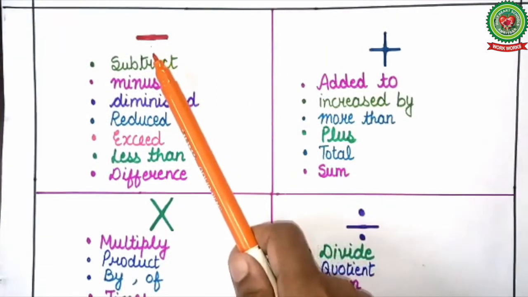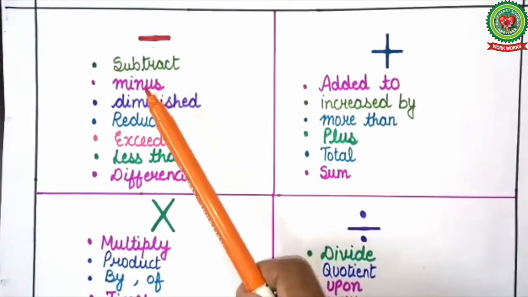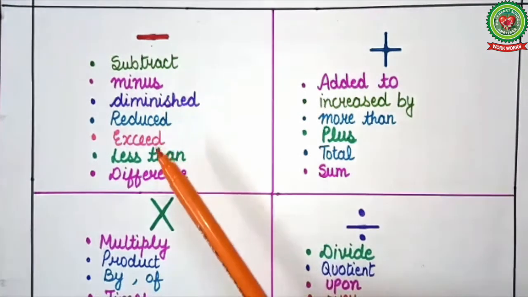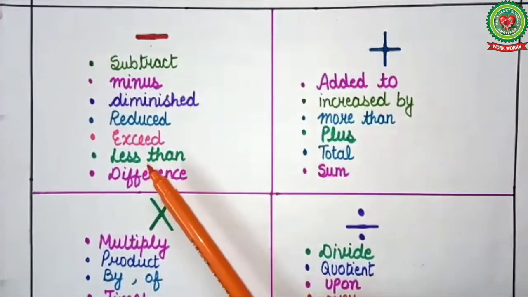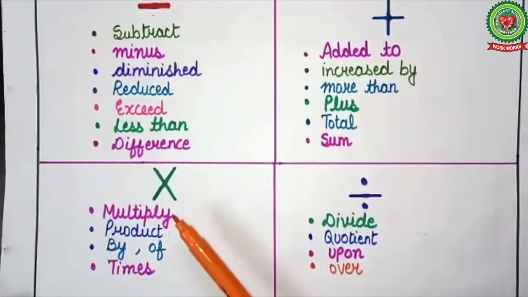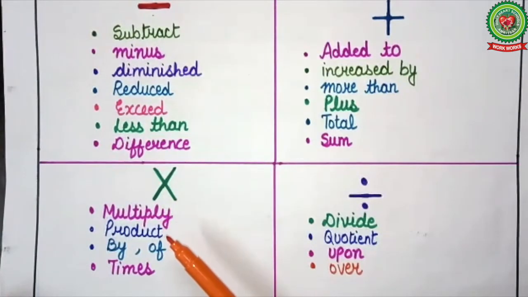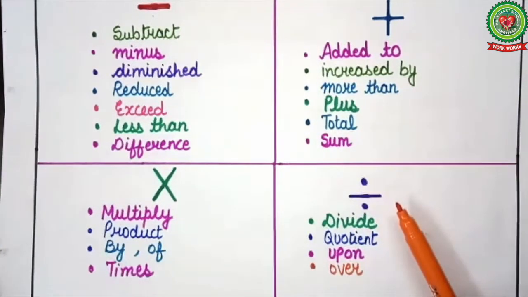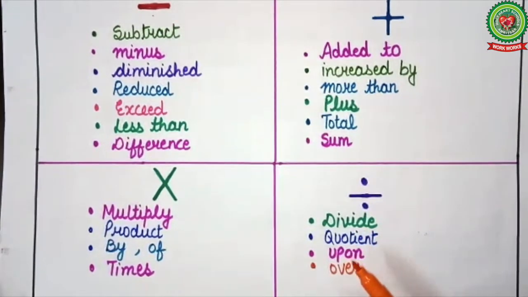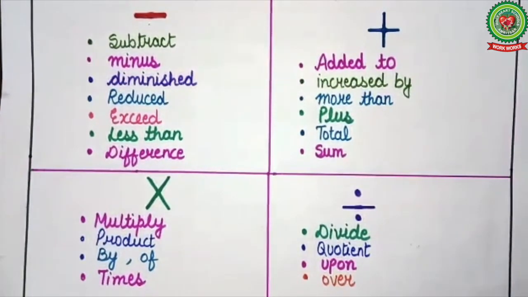For minus: subtract, minus, diminished, reduced, exceed, less than, difference. For multiply: multiply, product, by, of, times. For divide: divide, quotient, upon, over. So these words you have to remember.